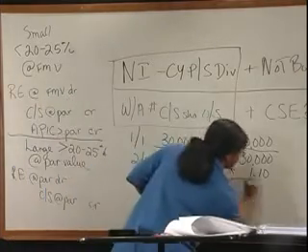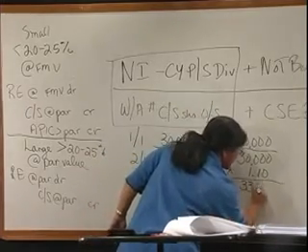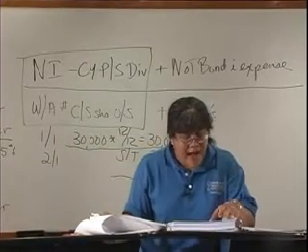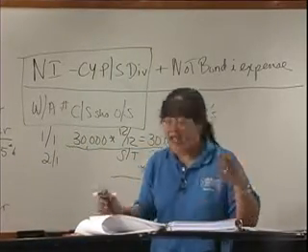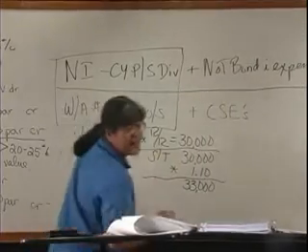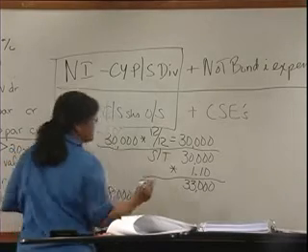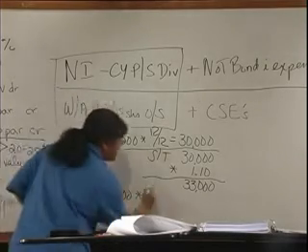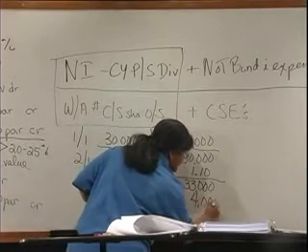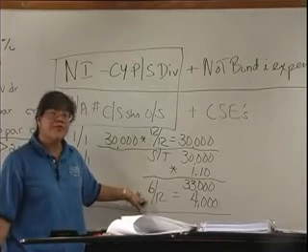So 30,000 times 1.10 is then going to be 33,000. And then you continue on with the 33,000. Then they said on July 1st, they issued common stock for cash, 8,000 shares. Now this you would have to weight because it's going to change total shareholders' equity. 8,000 times 6 months over 12 months is going to give me 4,000 shares, because the period July 1st to December 31st is 6 months.